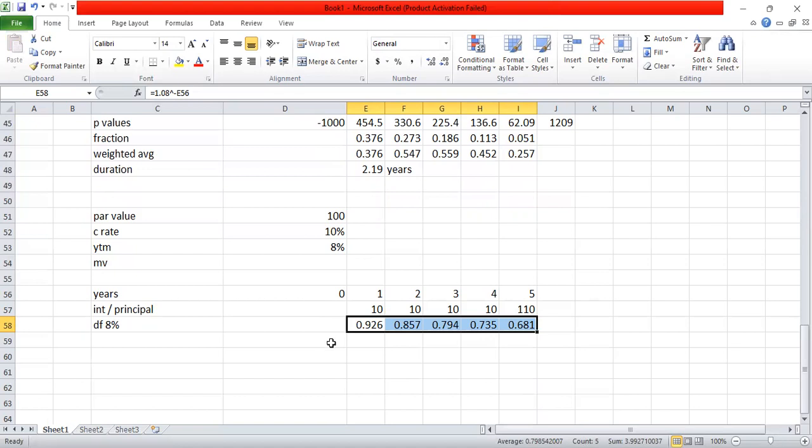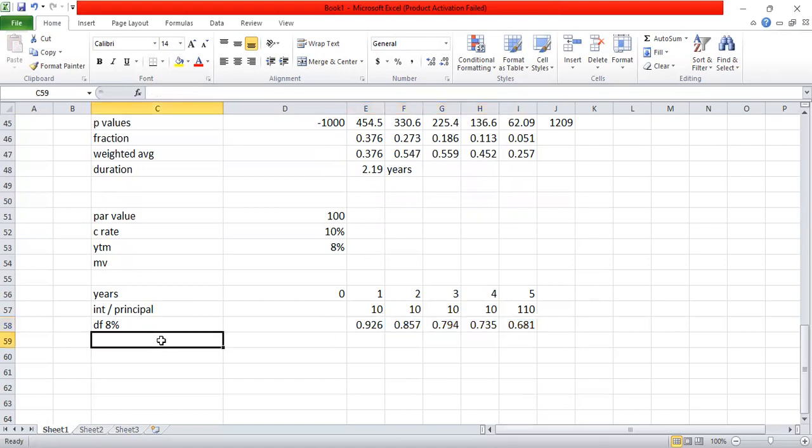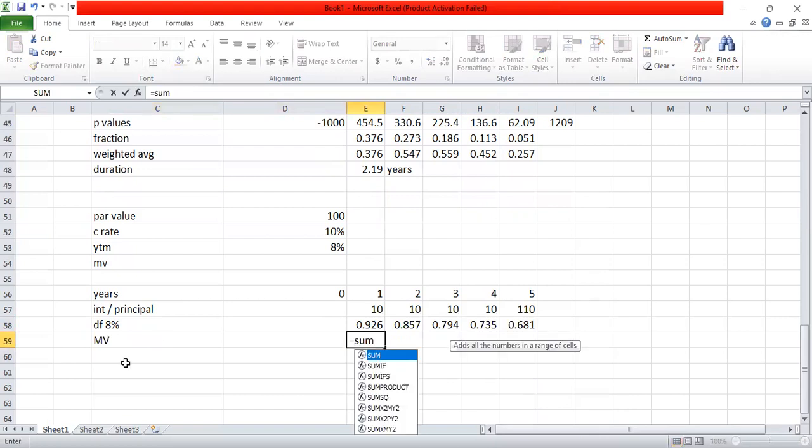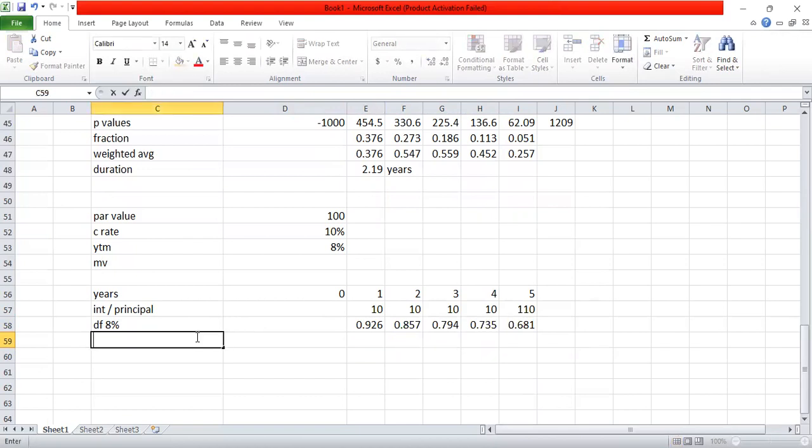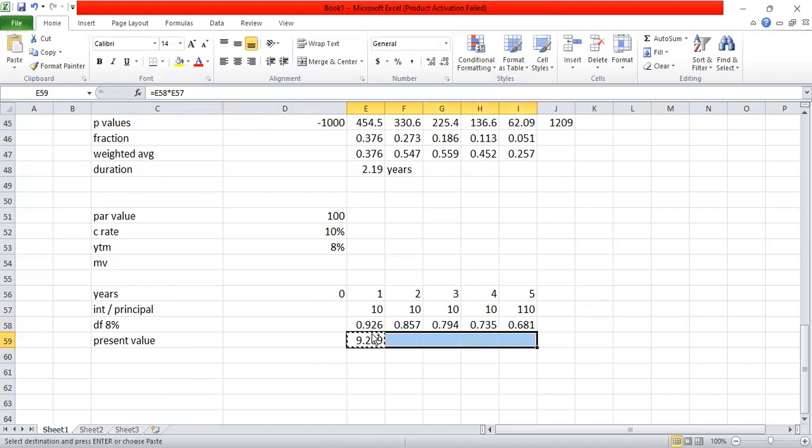And now, to get the market value, add up all the figures. Sorry, first of all, you have to get the present value. This one, copy, paste.